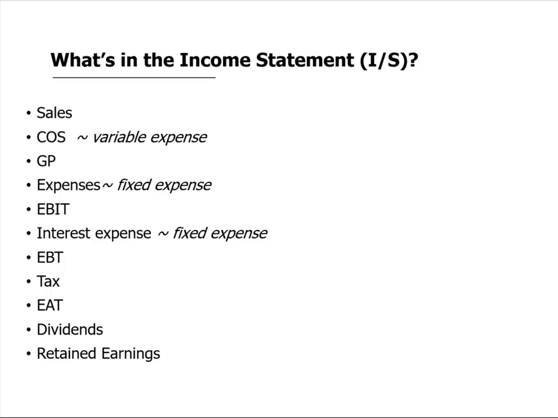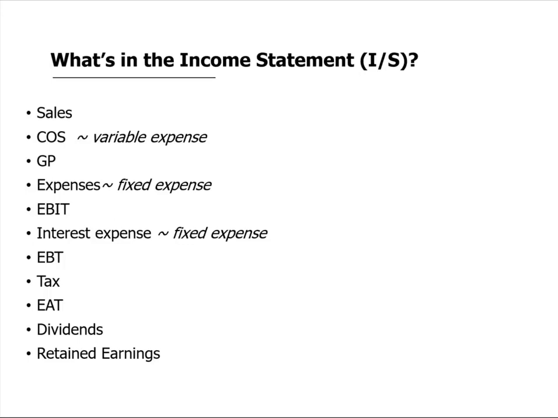So let's just pause with those two for a moment. I'm calling these cost of sales under this condition variable because in principle the cost of sales increases as your sales increases. Now we're making some assumptions here. We're assuming that we are producing some product that is manufactured, that has raw materials that go into it.